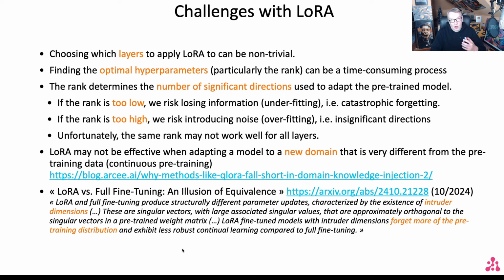Another one is LoRA comes with a couple of hyperparameters. The most important one is the rank, as we saw. And picking that value might not be super obvious. You'll see a lot of scripts that use 16, so should you use 16? Or what do you gain if you use 8? What do you gain if you use 32? There's still a bit of a trade-off here between accuracy, training time, etc. So hyperparameters are a bit tricky.